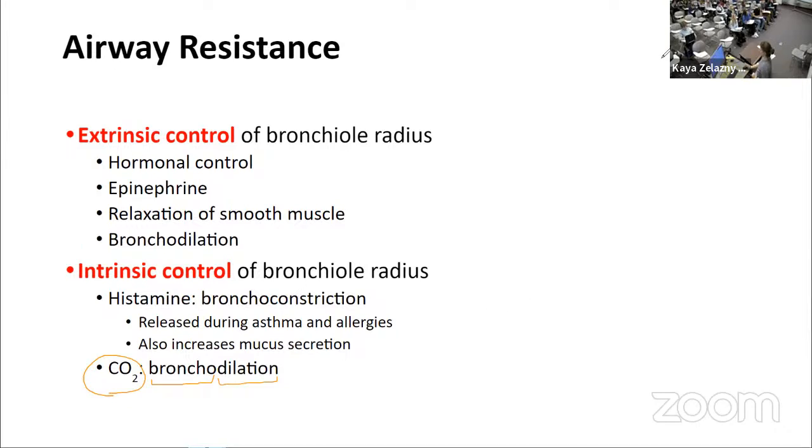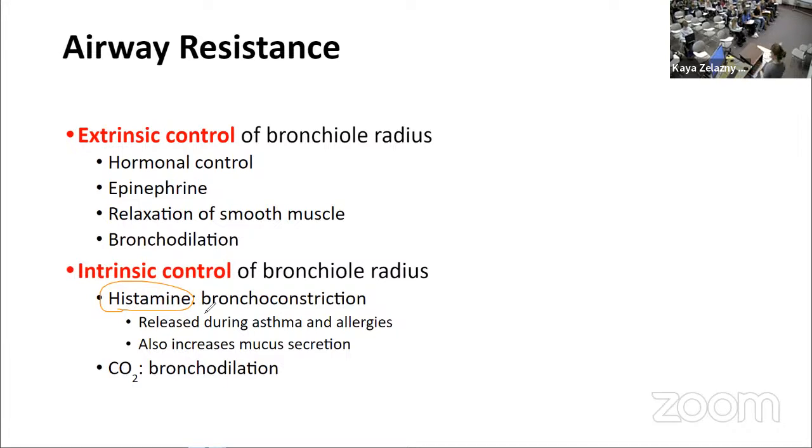The more potentially relevant to your daily lives that you might notice is histamine. Histamine has a local effect. We saw before that histamine is related to inflammation. It is released during asthma and allergies. It's an inflammatory thing. It also increases mucus secretion, and overall the effect of this chemical is bronchoconstriction.